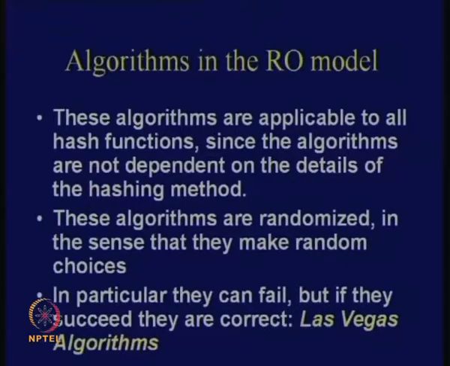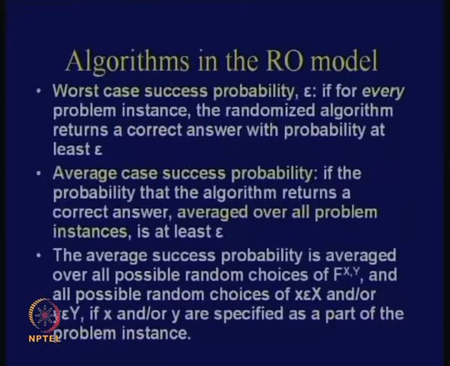So, if you get a result out of here, this algorithm cannot give you a wrong result. It can fail, but it will not give you a wrong result. Again, you know that we can do worst case analysis and average case analysis.